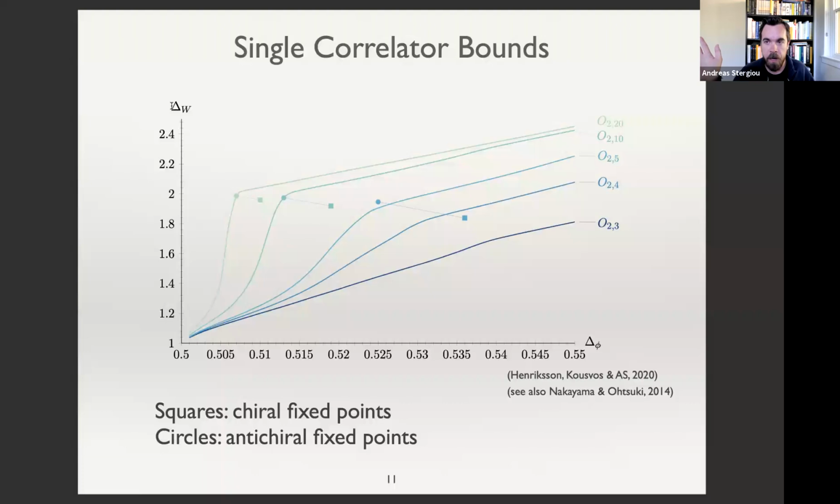We forget about the 1 over n squared and the 1 over n cubed. We only look at the 1 over n term, but at n equal 20, we trust that the result is pretty good. And when you plug it in for the chiral or the antichiral, you get these 2 points here right on the plot. And you see that the kink is saturated by the antichiral solution.